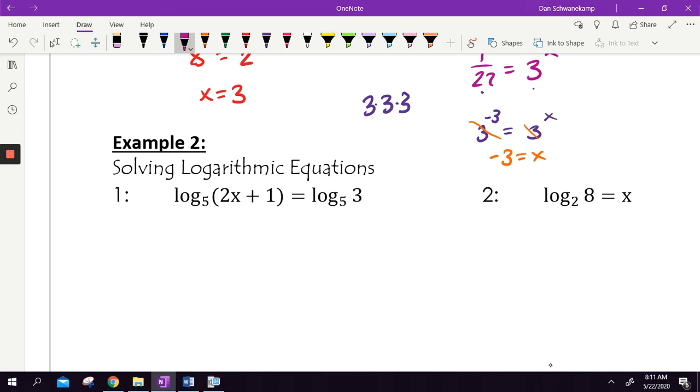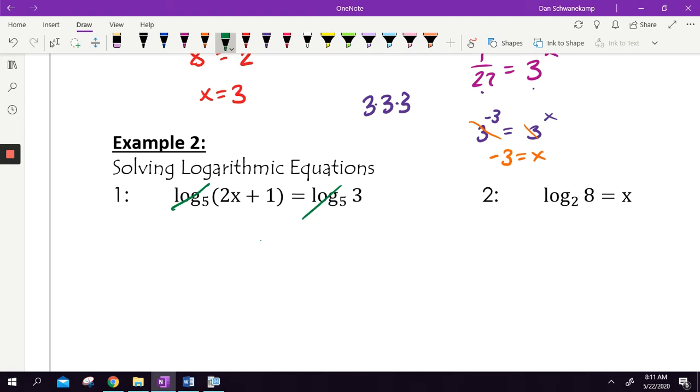So log base 5 of 2x plus 1 is equal to log base 5 of 3. Well, this problem right here is the same thing as 5 to the 2x plus 1 is equal to 5 cubed. If I gave you that problem, what would you do? Well, you would cancel out the bases of 5 on both sides because they're equal. Same thing's true here. Log base 5 and log base 5. If they're both log base 5, and it has to be written just once, okay?